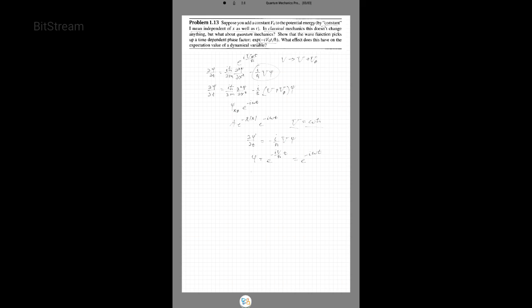If we have v plus v naught, then our phase factor becomes e to the i v plus v naught t over h bar, meaning that our solution is going to take this form, or I could write that this way: e to the negative iv over h bar t, and then e to the negative iv naught over h bar t, and there's where we get our extra phase factor.